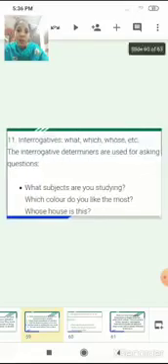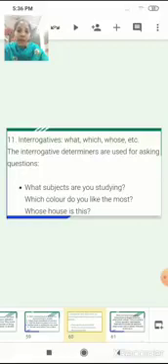Now moving ahead to the next determiner, the last one, interrogative determiners. There are basically 3 interrogative determiners in English grammar which we commonly use: what, which, whose. They are mainly used to frame questions.